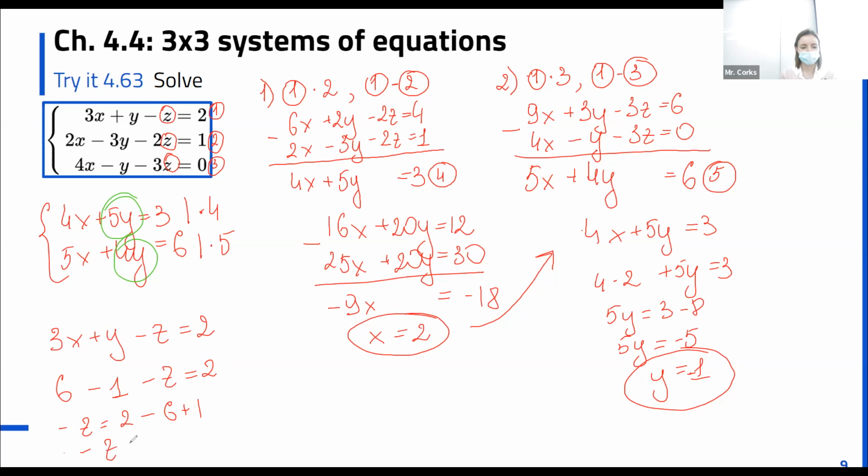So minus z equals minus 3. So z equals 3. Here we need to be accurate and precise, not to lose any number and not to mix something up.